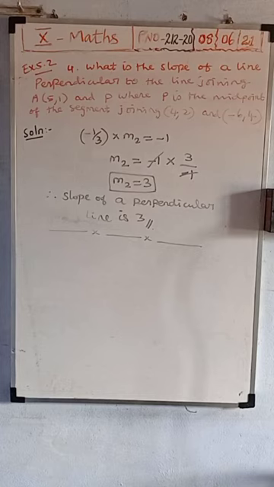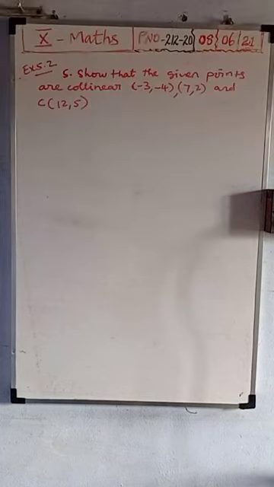Okay, that's all. See next, fifth problem. Show that the given points are collinear if three points are given. So here three points are given. Like the question we used in exercise 5.1, show that the given points are collinear means area of the triangle we will get as 0.